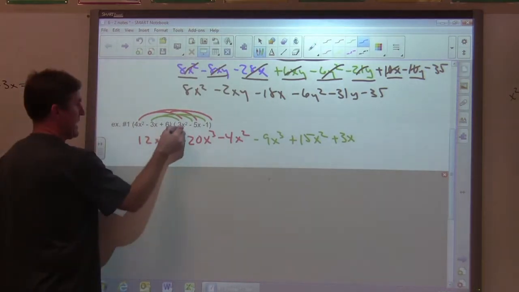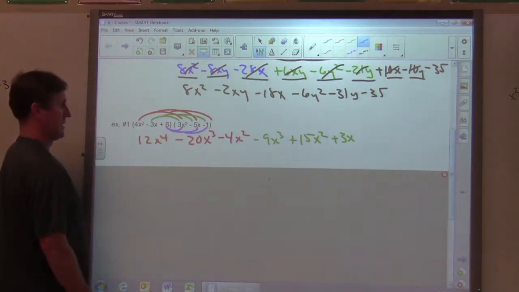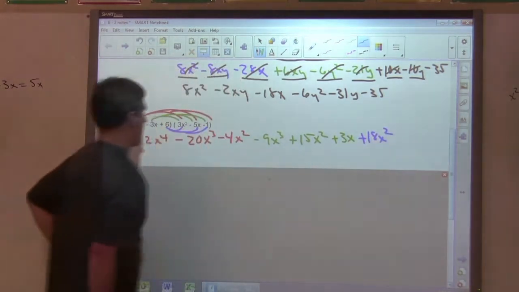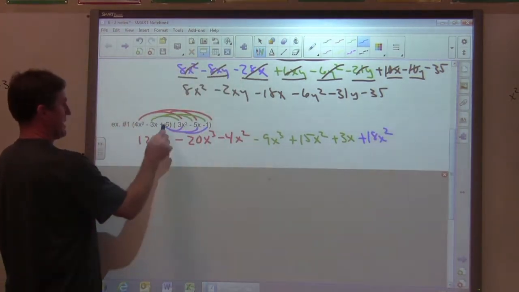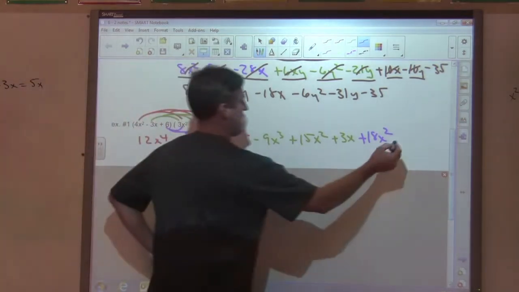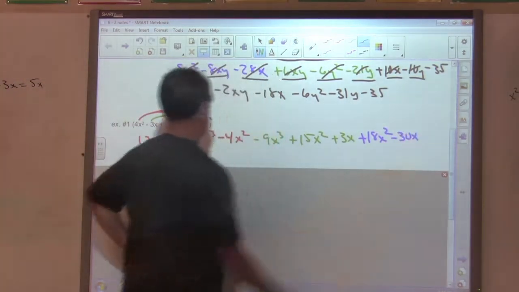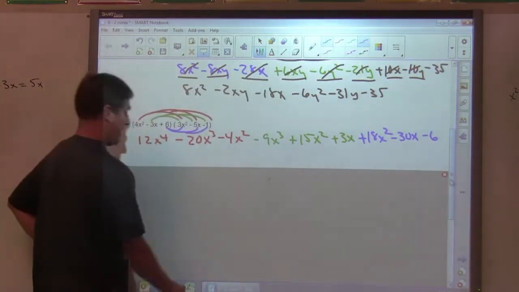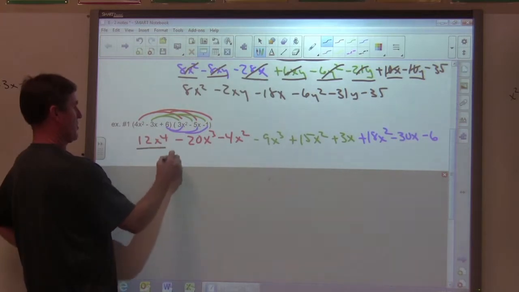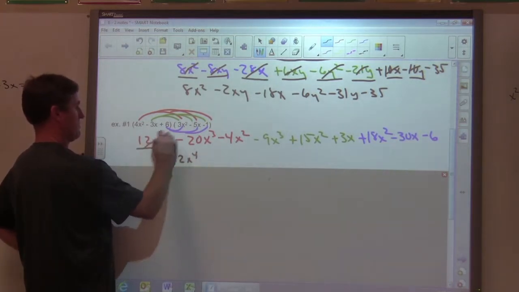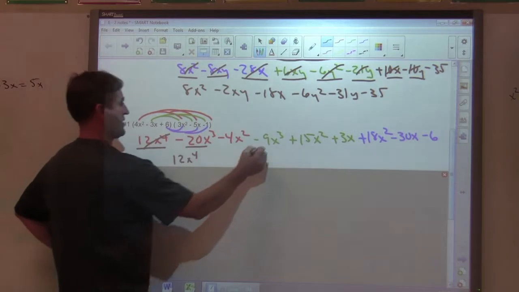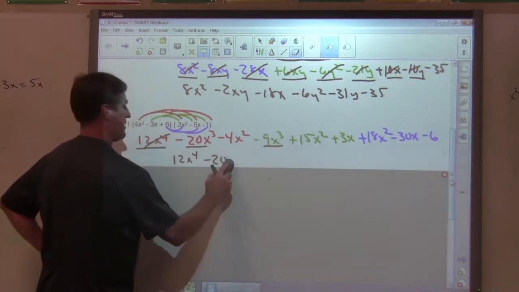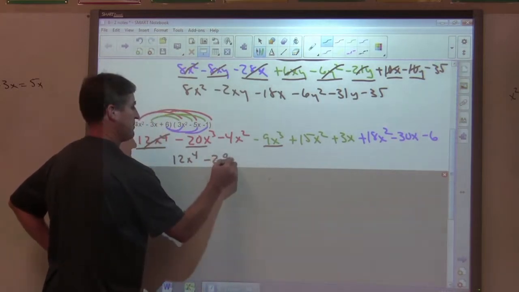And lastly, we take 6 times both. So we get 18x squared. And then we get 6 times negative 5x is a negative 30x. And 6 times negative 1 is a negative 6. And now we combine like terms, so there's no other x to the fourth. Minus 20x to the third minus 9x to the third is a minus 29x to the third.